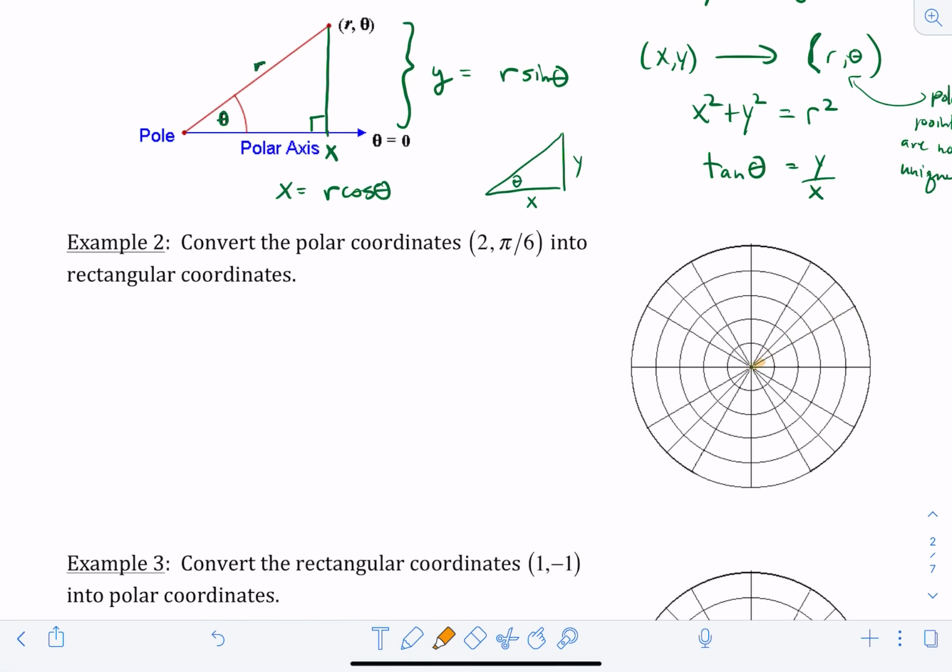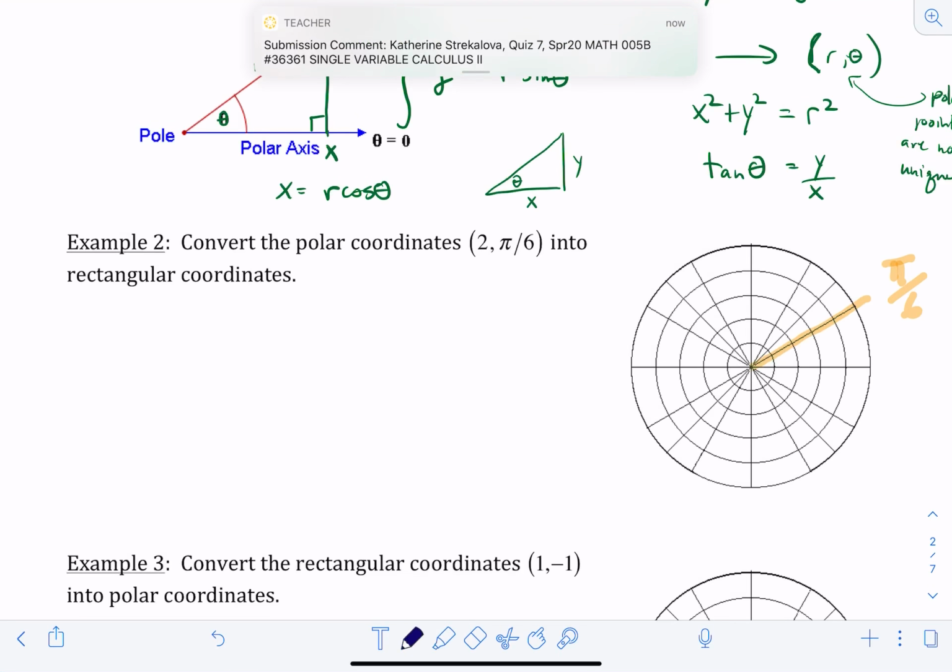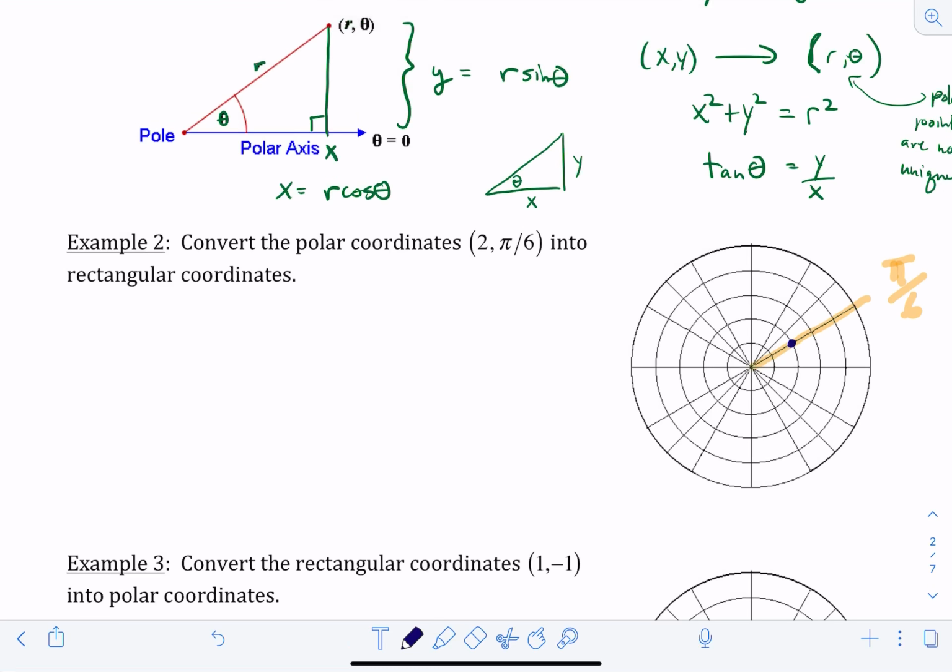Pi over 6 is going to be in this direction right here. That's pi over 6. And I want to go out a distance of 2. So when I go out a distance of 2, I go 1, 2 out like there. That gives me this point right there. So this is 2, pi over 6, in polar coordinates.